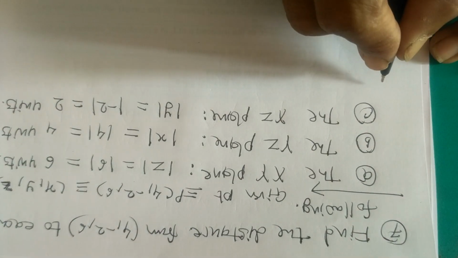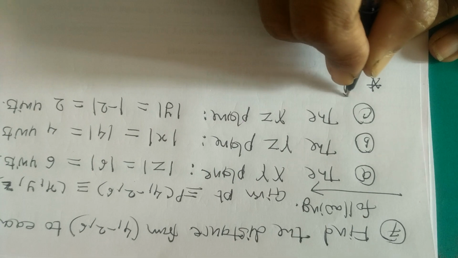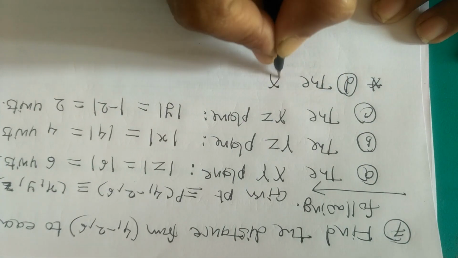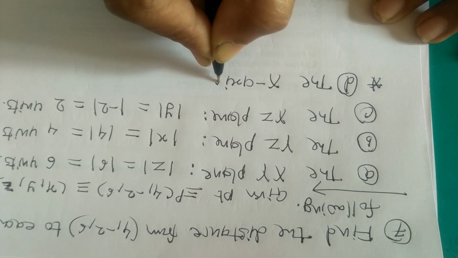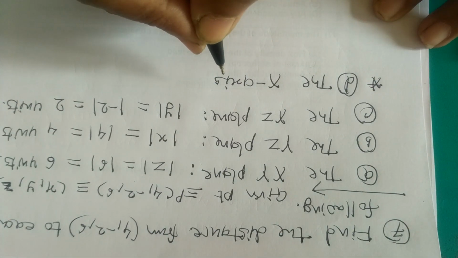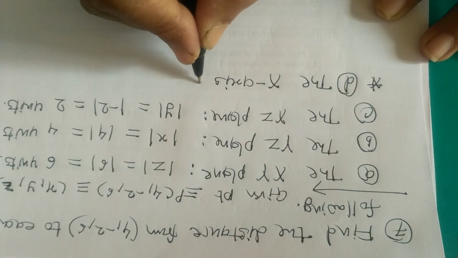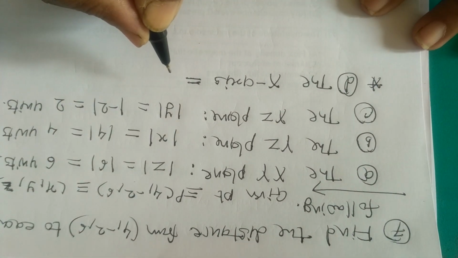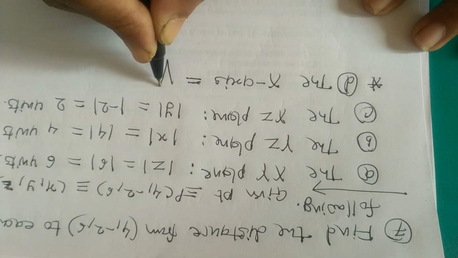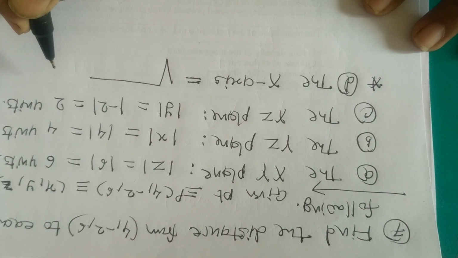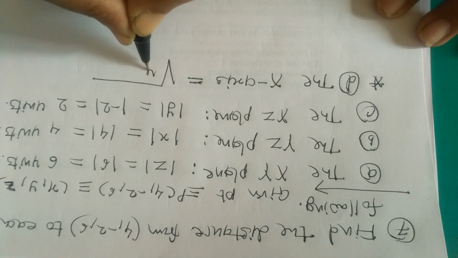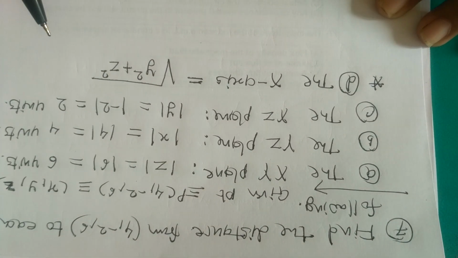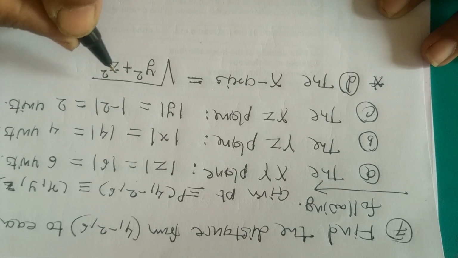Now again questions are given, D, E, F. For this we take a changed concept. In question D, the x-axis, when we have to find the distance from the x-axis, at that time we take the concept of perpendicular distance, means we find the length of the corresponding hypotenuse of the triangle. Therefore, from the x-axis the distance is nothing but the under root of the sum of squares of the y and z coordinates, that is under root of y square plus z square.